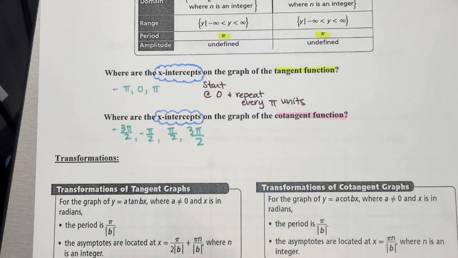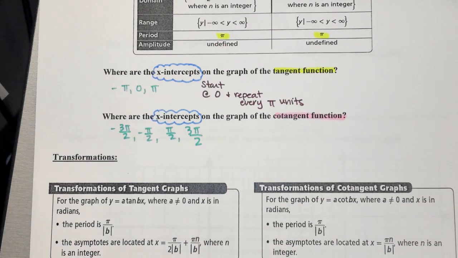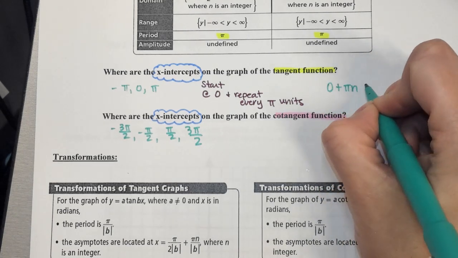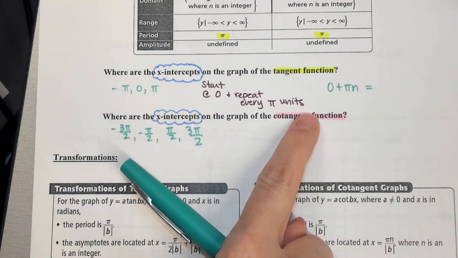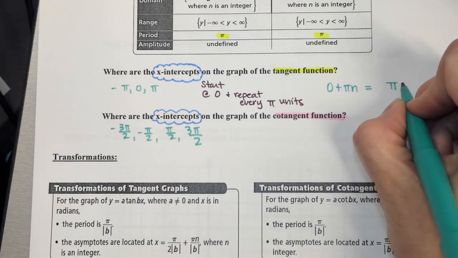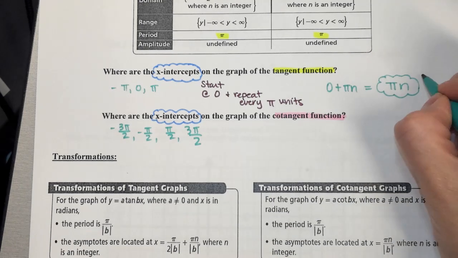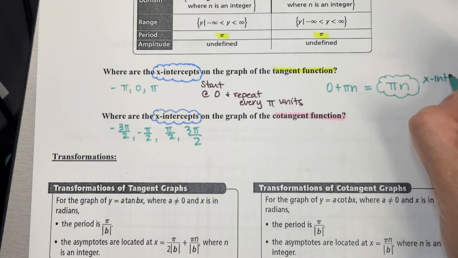Remember, we talked about the period is pi. That is the significance. They're going to occur once every period. So the way that we would write that as an equation is 0 plus pi n, which is the same thing as just pi n. So when you are asked to write an equation, these are the x-intercepts for the tangent.